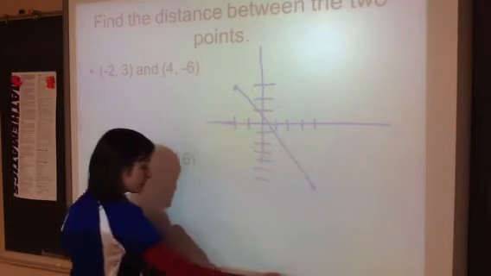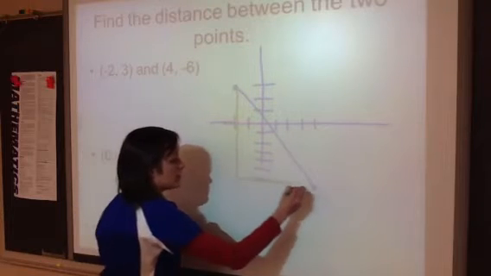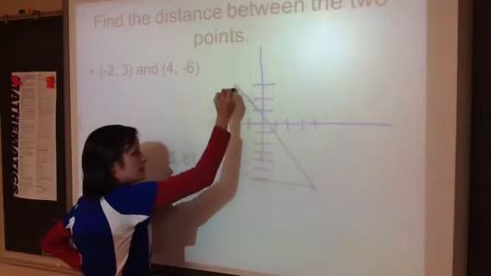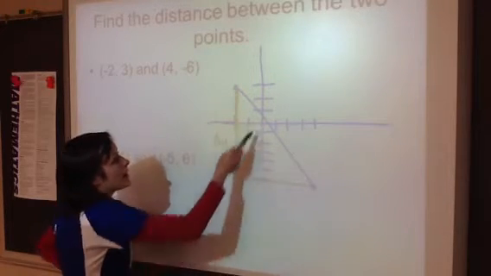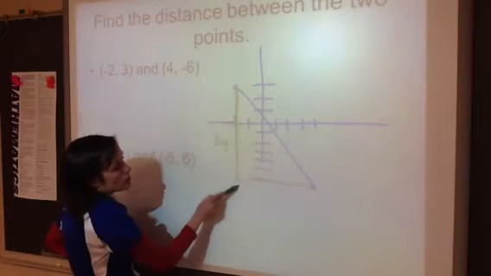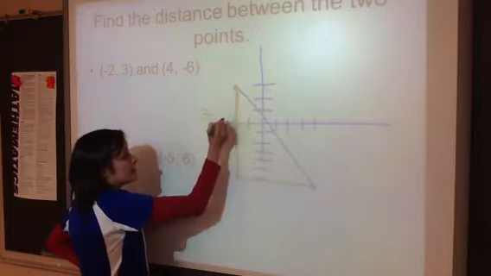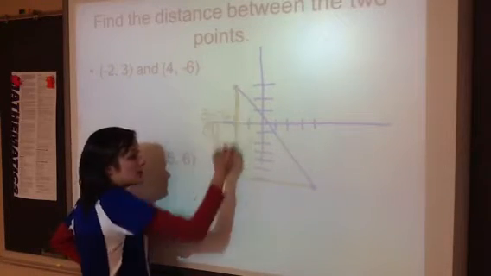You made a right triangle. You found this distance by doing the change in y. Our y is up here at 3, and it goes all the way down to -6. So 3 minus -6 is 9. So that's this distance here.